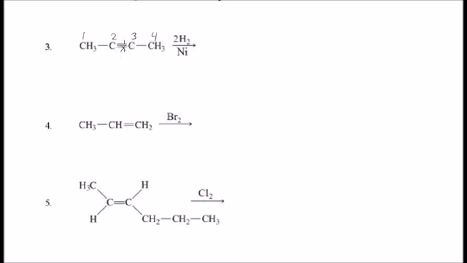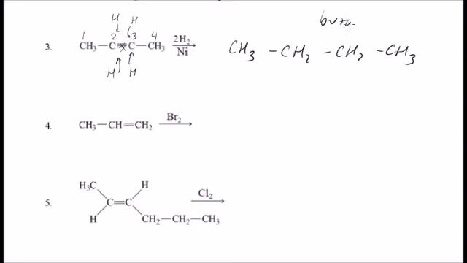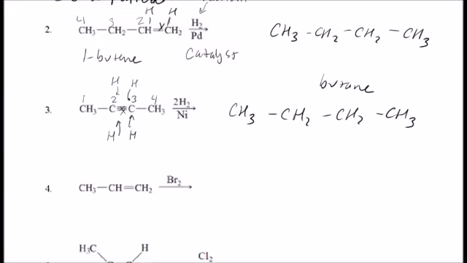So we're going to break 1, 2 of these, and 1 hydrogen will add and the other hydrogen will add. And in so doing, again, we form butane, just like we did in the previous example.